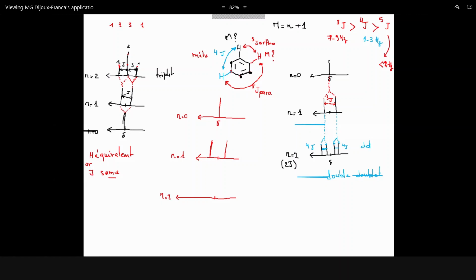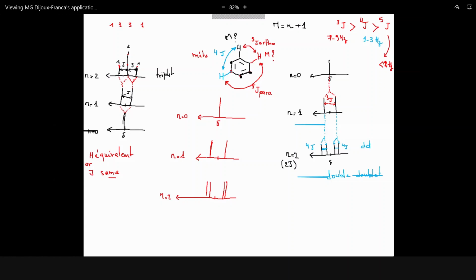Around 1 hertz or maybe less, okay? So its lines will be divided here by 2, but with a very small distance between them.